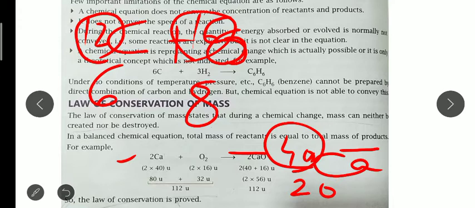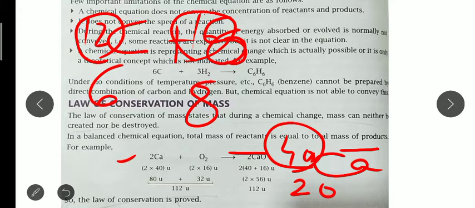Here we have 2 atoms of calcium, and the atomic mass of calcium is 40, as I have written here also. So 2 into 40. Why did we multiply with 2? Because in the reaction you can see 2 Ca. So 2 into 40, where 40 is the mass of calcium, and u is the atomic mass unit.